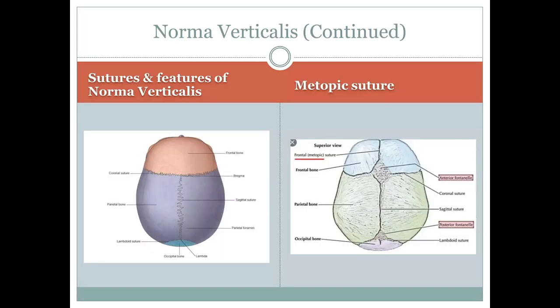Coronal suture. You can see here the coronal suture is present between the frontal bone and the parietal bone.